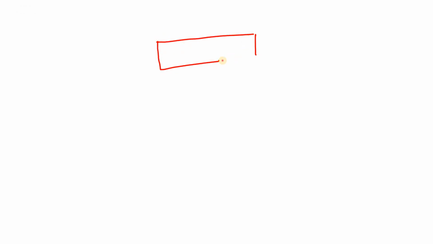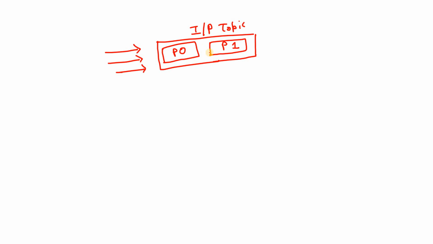Suppose this is our topic, and that topic has two partitions, P0 and P1. This is our input topic, meaning the producer is publishing data in near real time to this topic. For example, consider the input data to be transaction data for a particular bank.